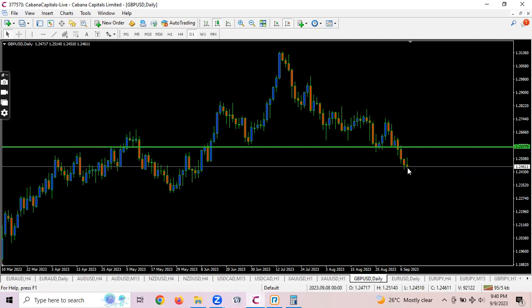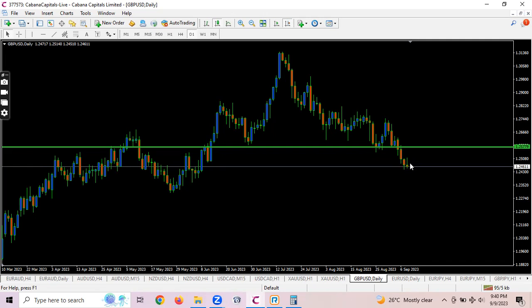The reason we can't execute a buy after the formation of this inverted hammer is that the body is bearish. If the body was bullish, we could have considered buying GBP USD on Monday. But because the body is bearish, we should wait for the next candle. We need to be sure that we have buyers in the market. And the only way to confirm that is the close of the next candle.